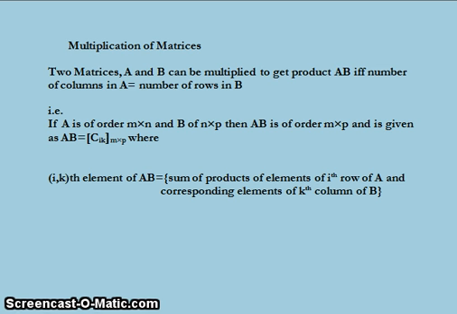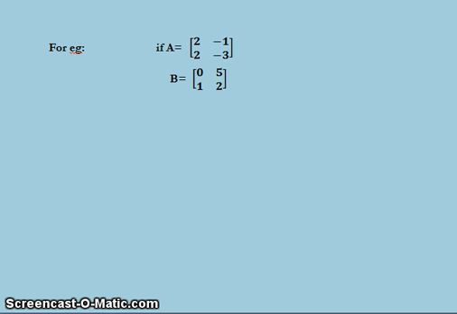Let's say A is given as a second order matrix whose elements are 2, minus 1, 2, minus 3, and B is also a second order matrix whose elements are 0, 5, 1, 2.